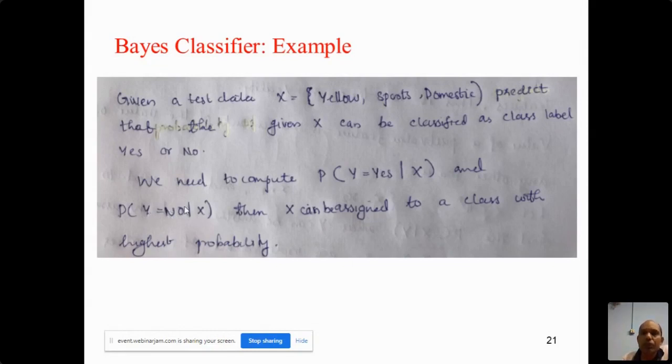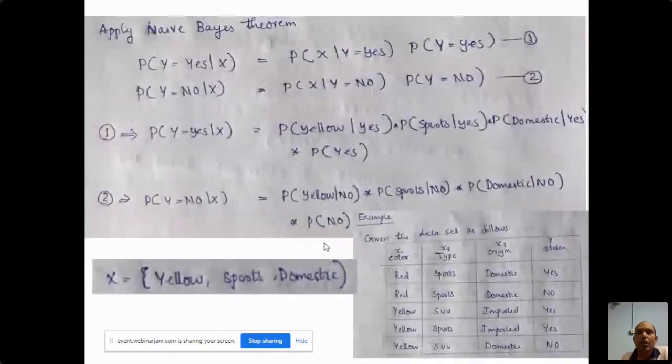In this way, if you find the probability of these two, whichever is maximum, you can say that this new data point x will be classified into that class. So let us calculate this. Now here you just apply the formula.